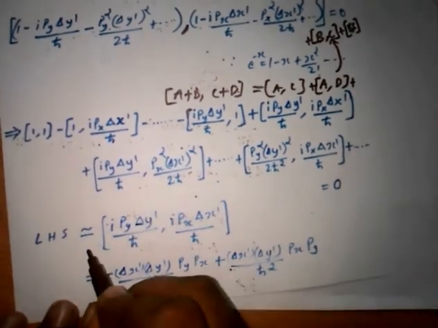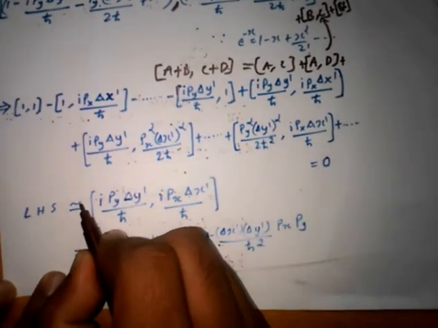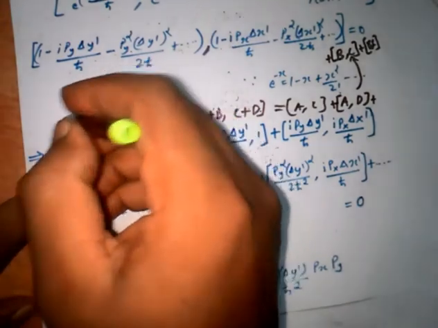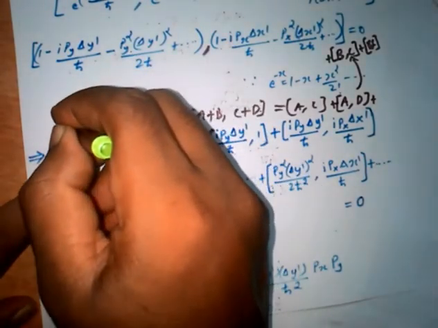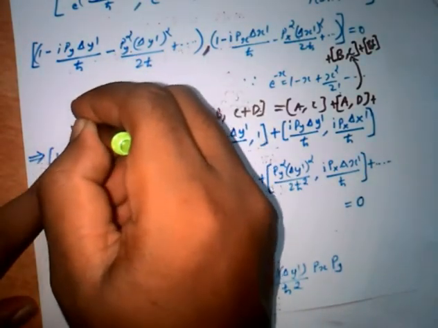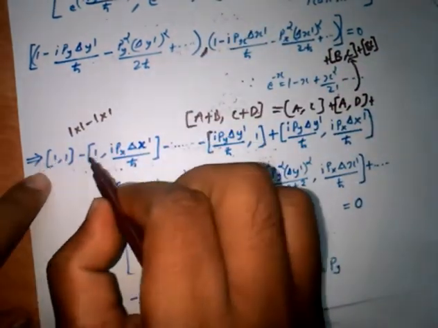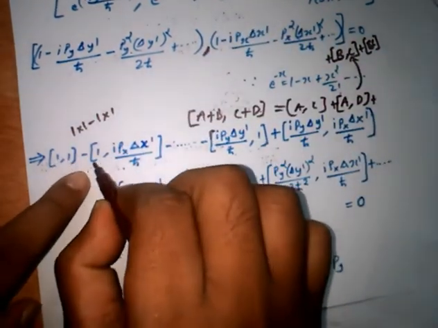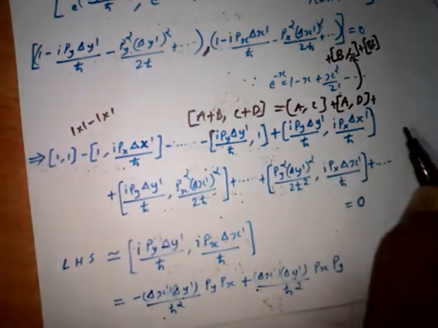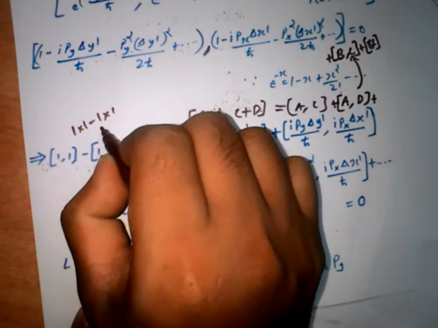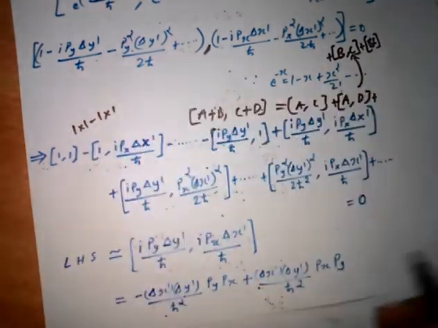Finally we reach that [1, 1] equals 0, because the commutator [1, 1] equals 1 into 1 minus 1 into 1, which is 0. If a constant comes anywhere, then the commutator bracket will be equal to 0, because commutator brackets are defined as AB minus BA.